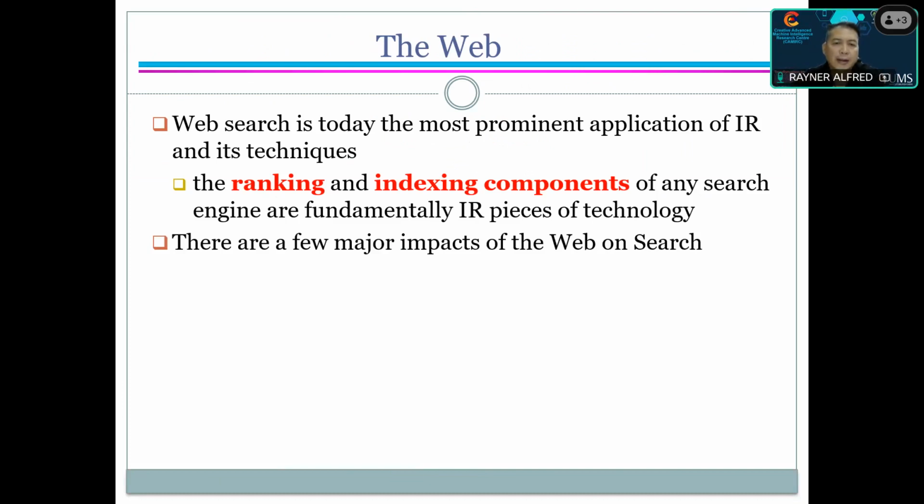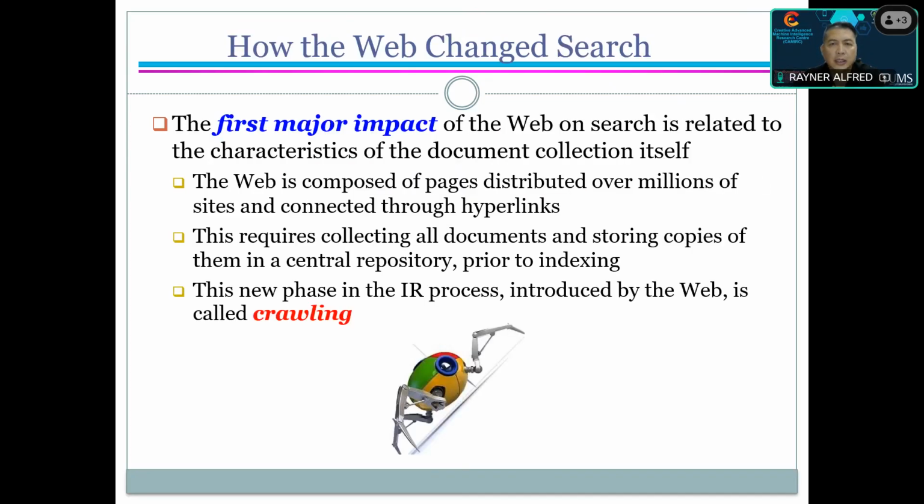There are a few major impacts of the web on search. The first is that the web is composed of pages distributed over millions of sites and connected through hyperlinks. This is the hyperlink that connects different documents. Once you land on the landing page, you can go to the next one.